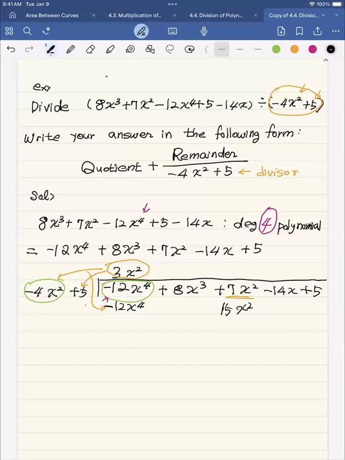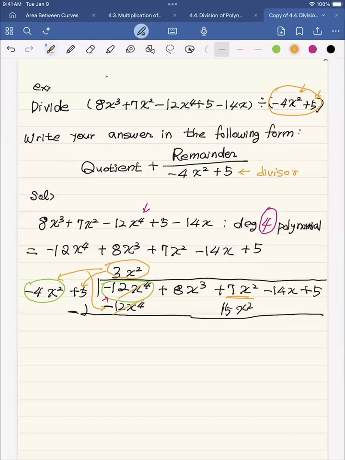Then what we have to do is subtract from the first line to the second line. When we do that, the first term will cancel each other.